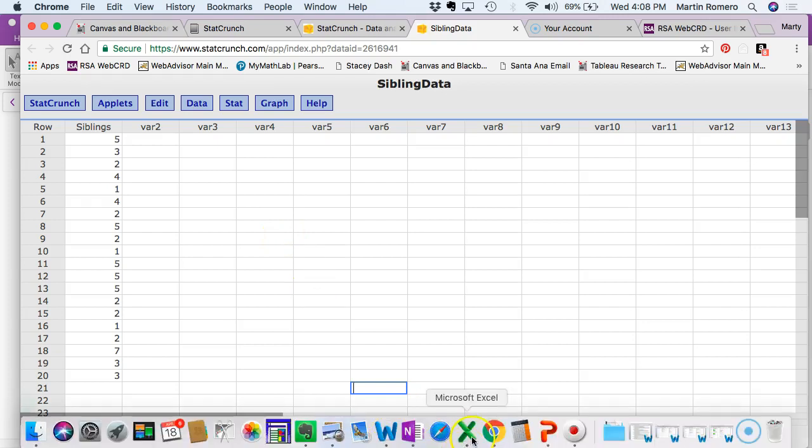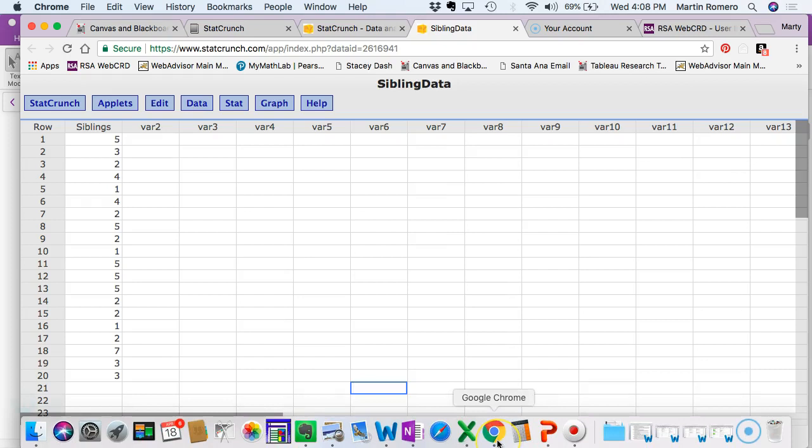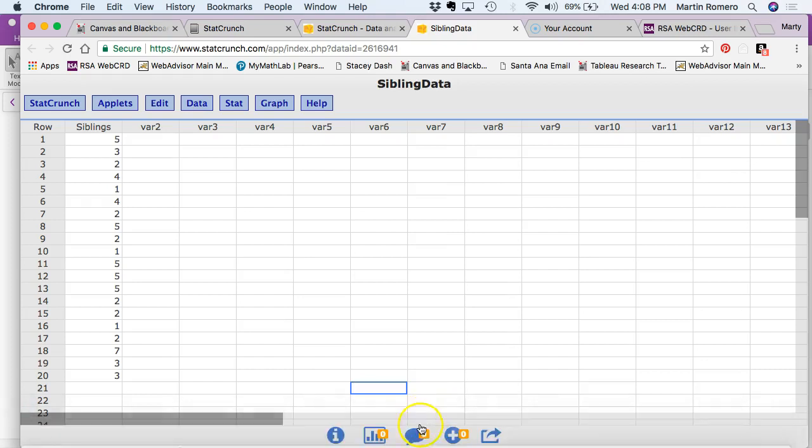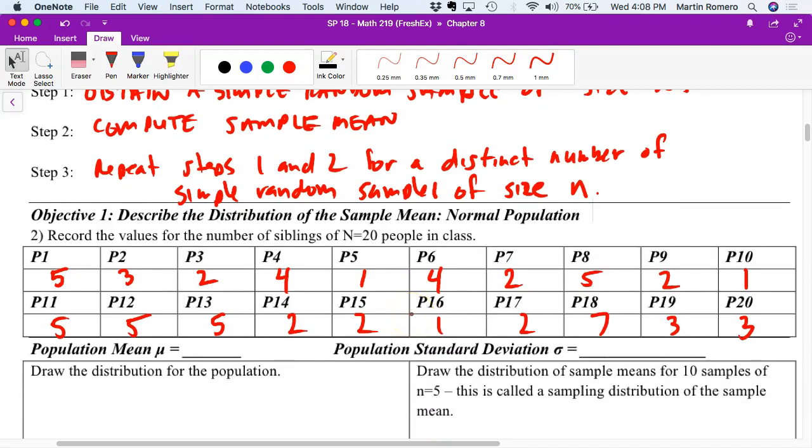In class, I'll have you type that in, but for now let's look at the data. Let's assume this is the population of our class, just 20 people, and here is the number of siblings, brothers and sisters, that we have in the class.